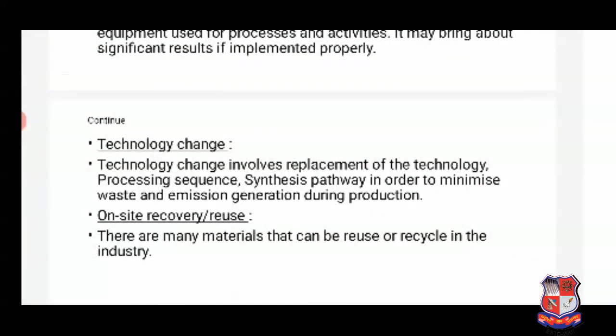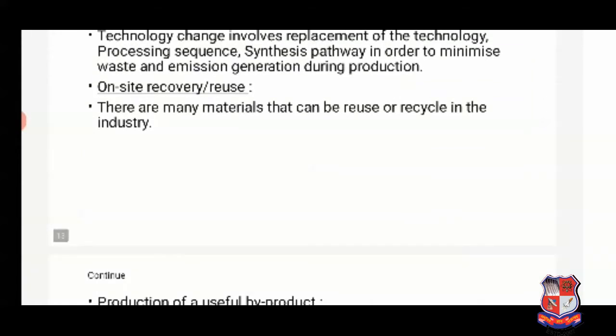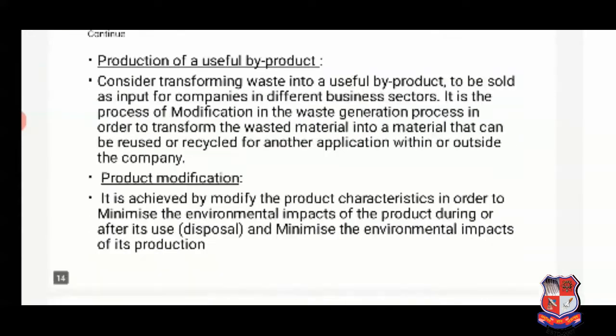Technology change involves replacement of technology, like processing, sequencing, synthesis pathway, in order to minimize waste and emission generation during production. On-site recovery and reuse: there are many materials that can be reused or recycled in industry.